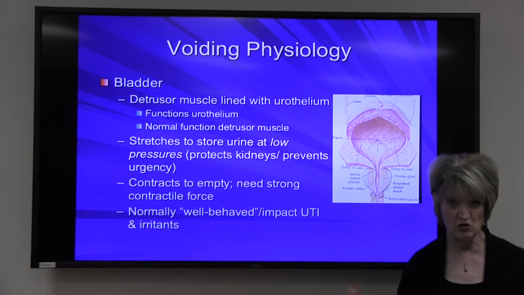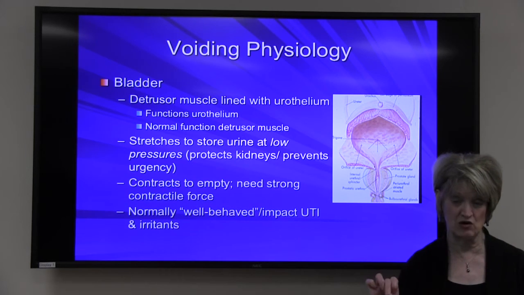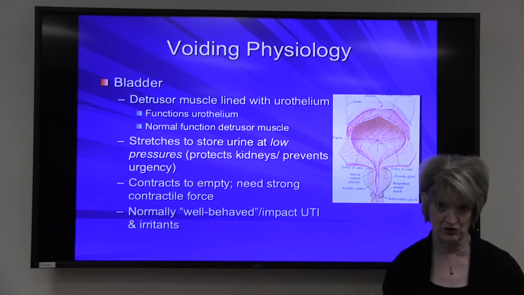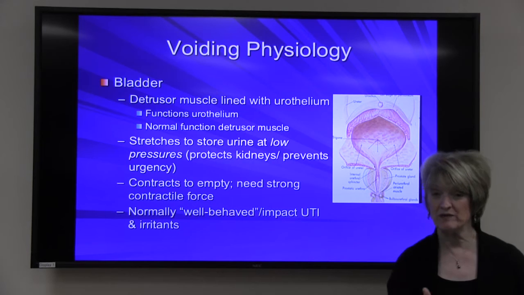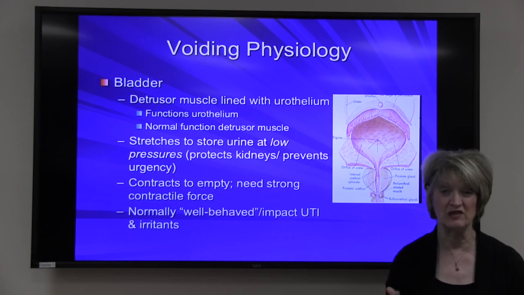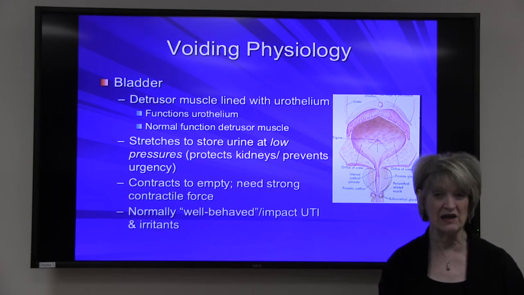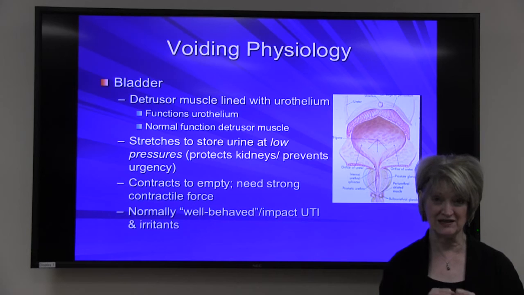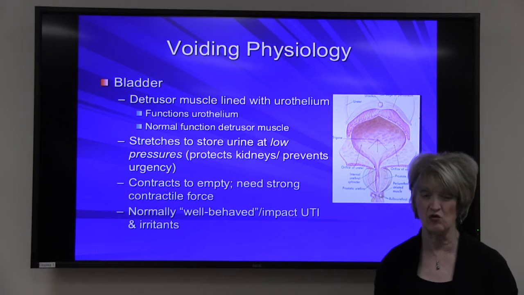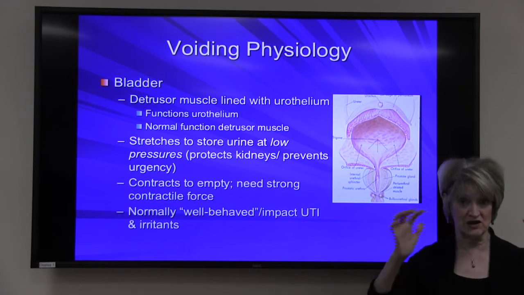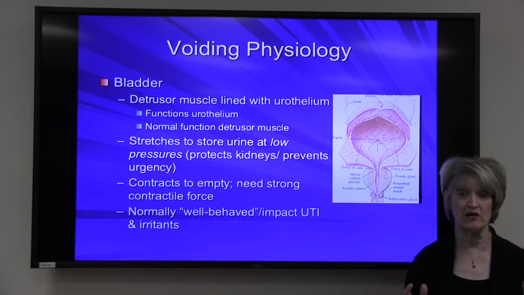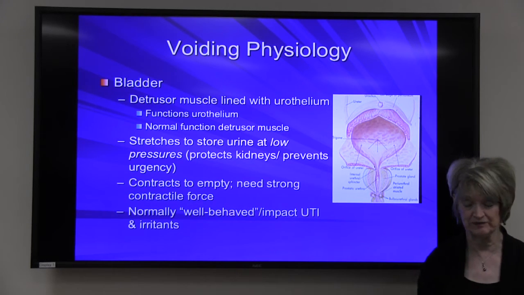Every bit, right? You want it all to empty out so that you leave the bathroom at 0 milliliters, so that you have full storage left to you. If you go in the bathroom with 600 milliliters and you leave with 300, you're half full and you don't have much capacity left. So it's really important for the bladder to contract effectively to empty. So you want a bladder that stretches and stores. You want a bladder that contracts to empty.